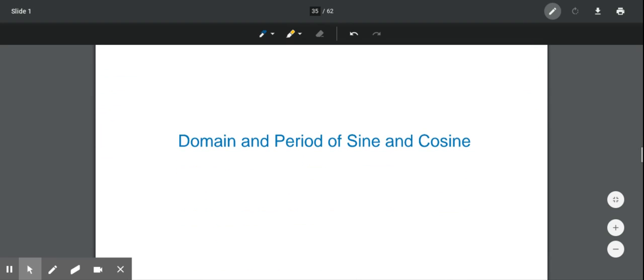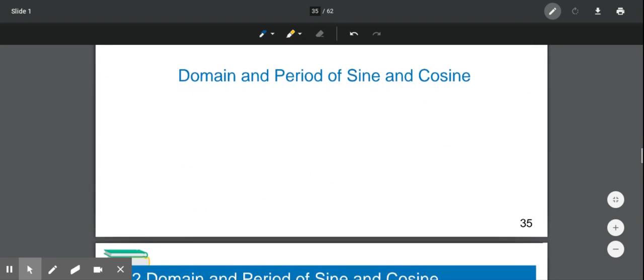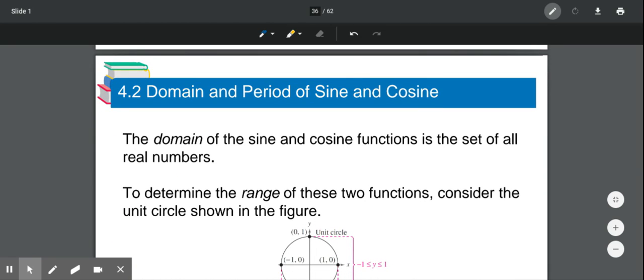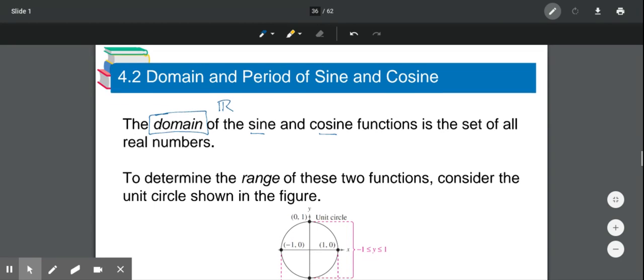And so then you have the domain and the period for sine and cosine. The domain for sine and cosine is all real numbers, right? You can plug anything you want into sine and cosine. However, the range is what can they equal?